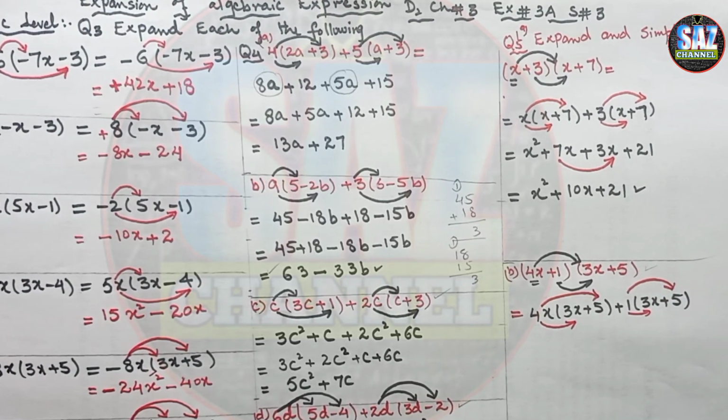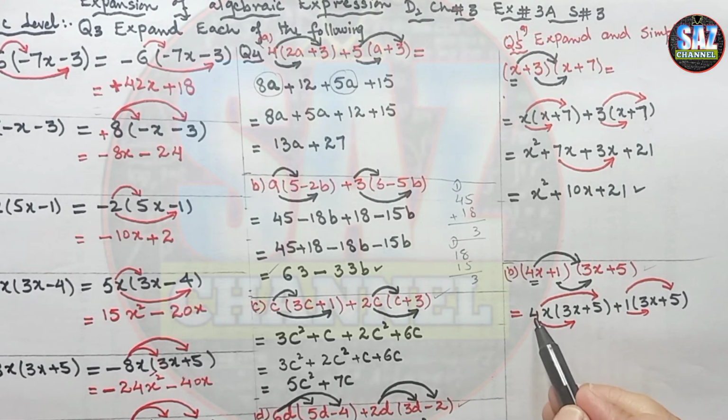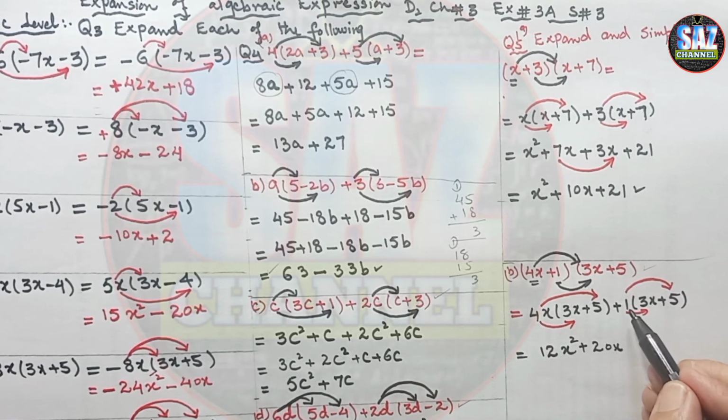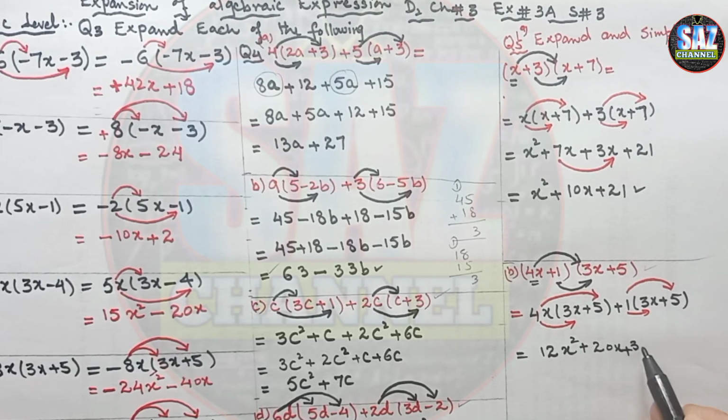Okay, now when 4 is multiplied by 3, I have to read the tables. This will become 12, and when variables are multiplied by variables, it will become 12x square plus 5 times 4 is 20x, 1 times 3 is 3x, and plus 5.